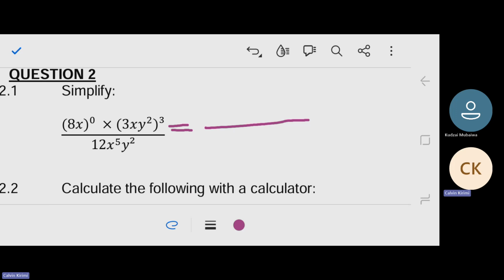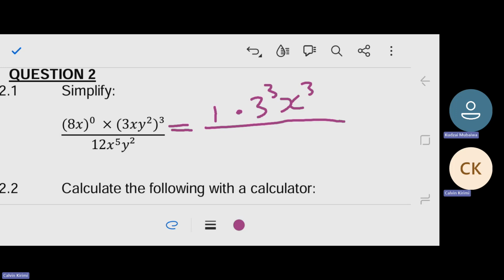Let's go. A to the power 0 is what? 1. Then let's expand. So 1 multiplied by, the dot means multiply, 3xy squared, then you are multiplying it to the power 3. What is 3 to the power 3? 9. Then x to the power 3.